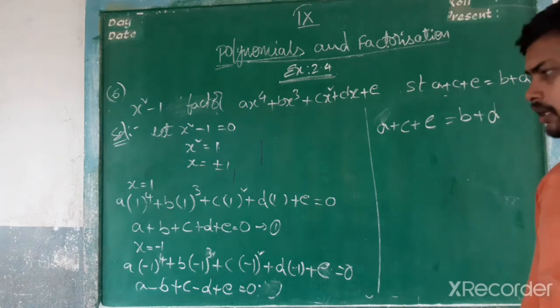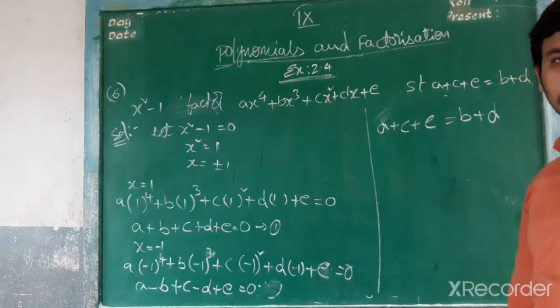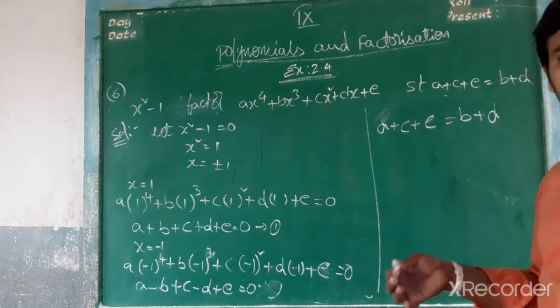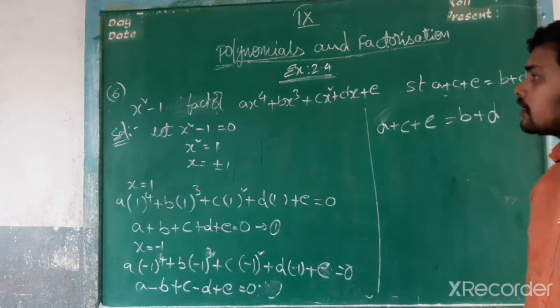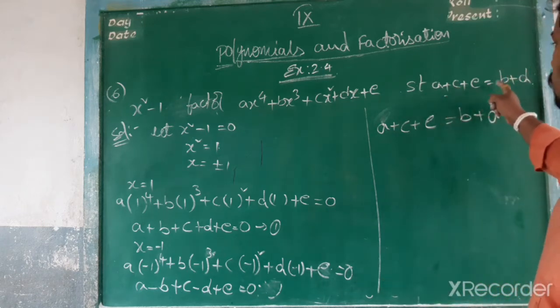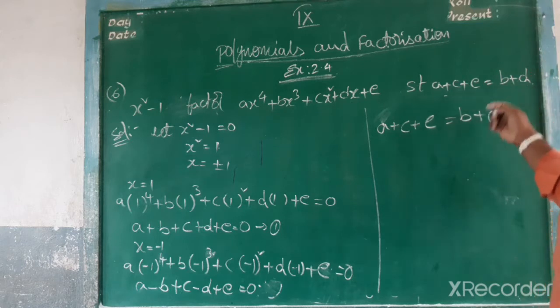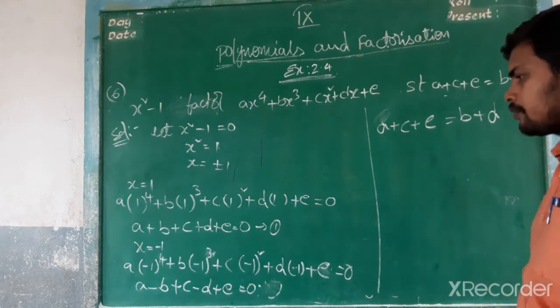Based on the first equation also you have to generate a plus c plus e equal to b plus d. Okay, this is the process now.